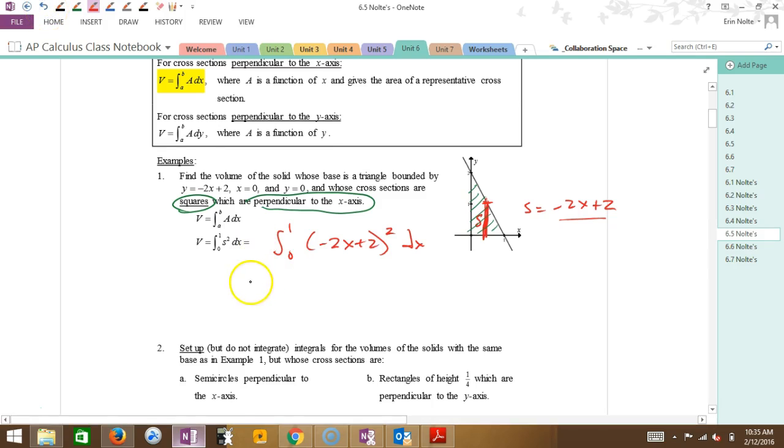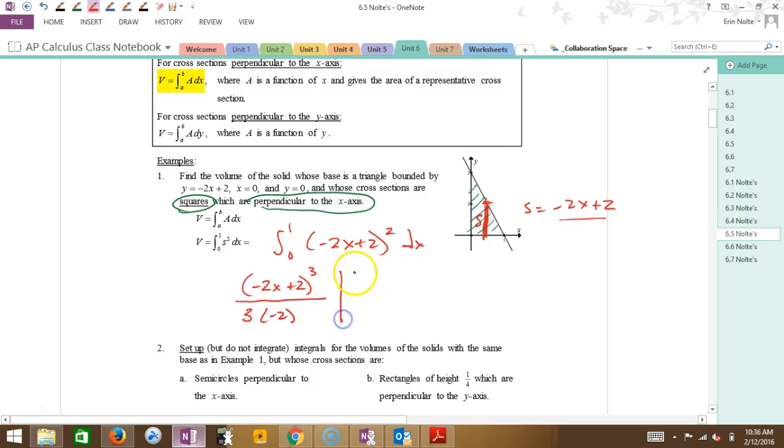So it's going to be the integral of the outside. My new exponent is going to become 3, and then I have to divide by 3. And then I also have to divide by the derivative of the inside, which is negative 2.